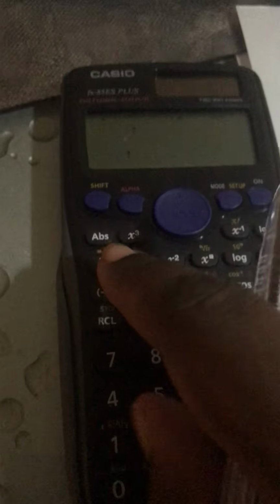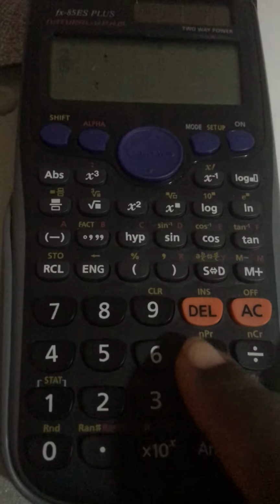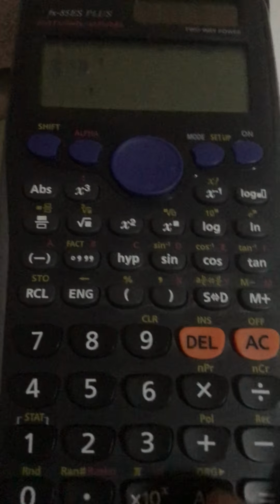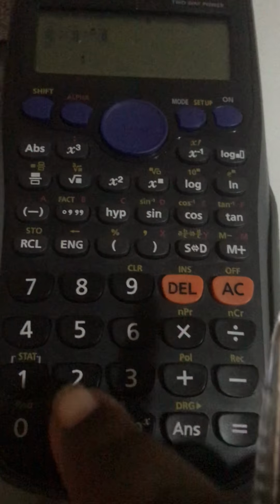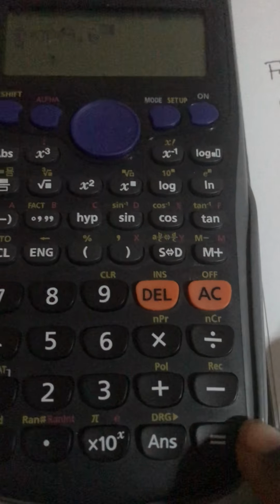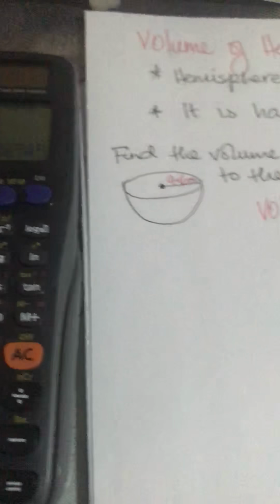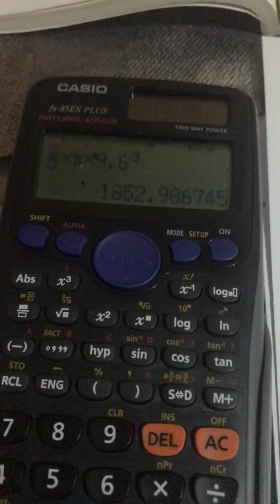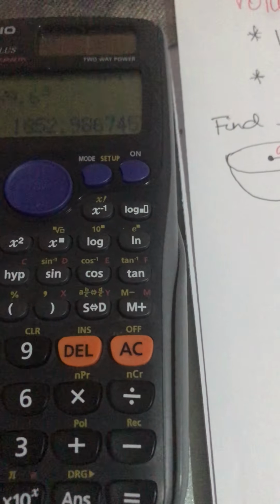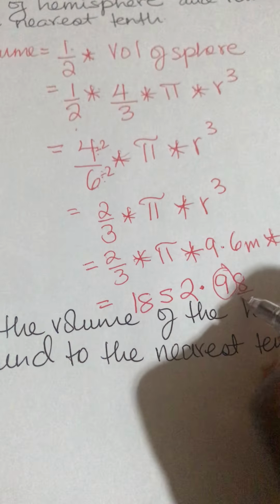So you come to your calculator and put fraction 2/3 times shift pi times 9 6/10, and you can press this and put 3 if you don't want to multiply 3 times, and there is your answer, and you get 1852.98.